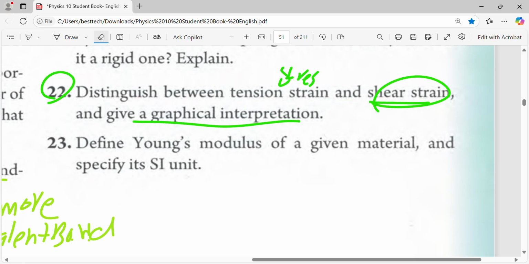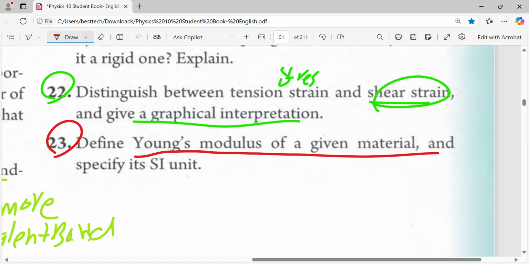Okay. Question 23. Define Young modulus for the given matter and specify its unit.